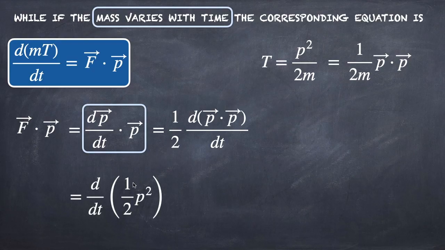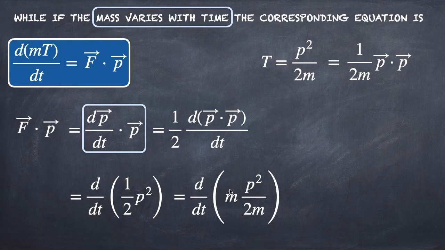And we can write this 1 over 2 inside the derivative, and p dot p is the same as p squared, and multiplying by m in the numerator and in the denominator as well, we have this term here, and you can identify that this term is the kinetic energy, p squared over 2m. So we have, as a result, the time derivative of mass multiplying the kinetic energy as the left-hand side of this equation.